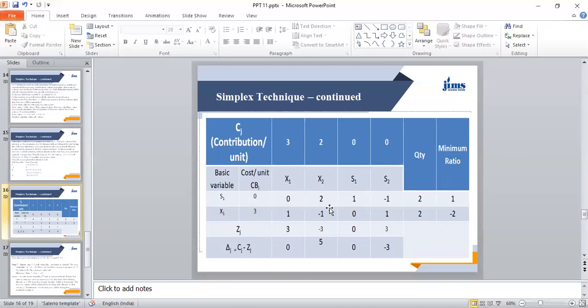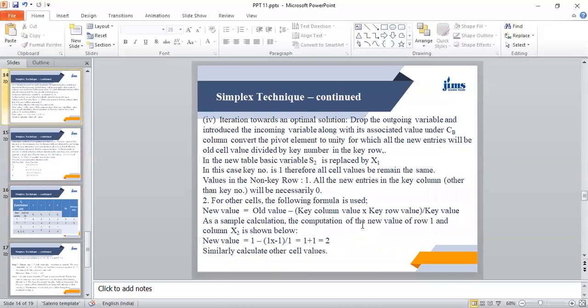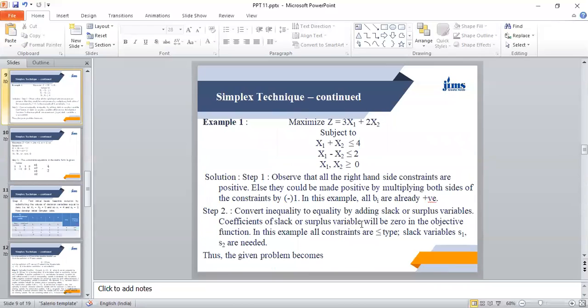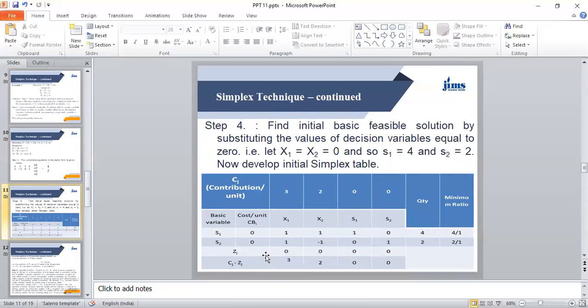Then the entries in the key row are replaced by dividing all the entries in the key row by the key element. The key element is 1, so 0 divided by 1 is 0, everything is divided by 1. So all the elements in this row remain the same: 0, 1, 1, 0, 1, 2.